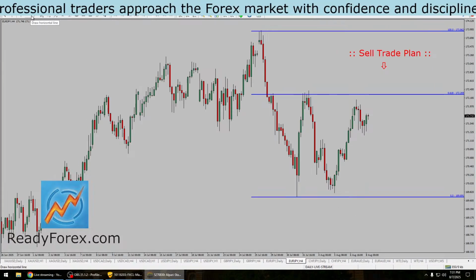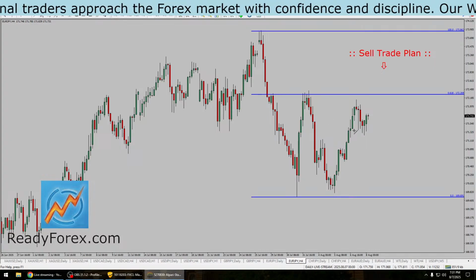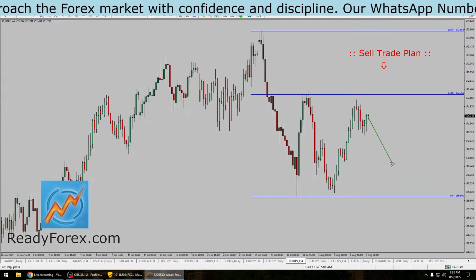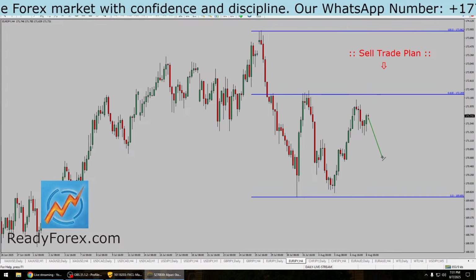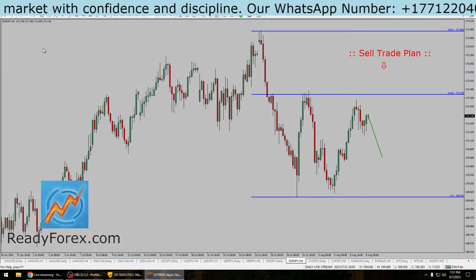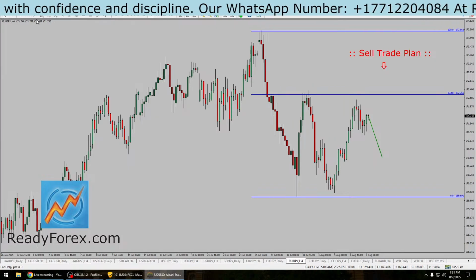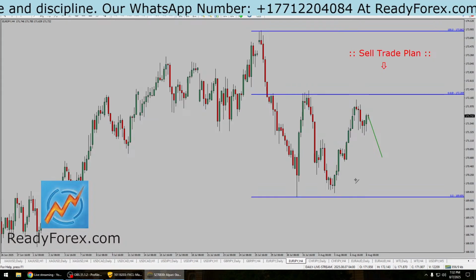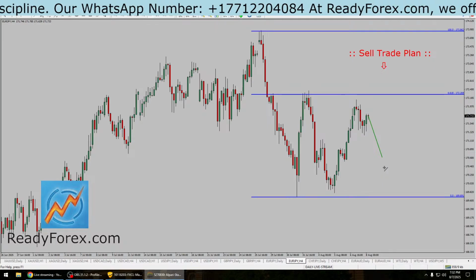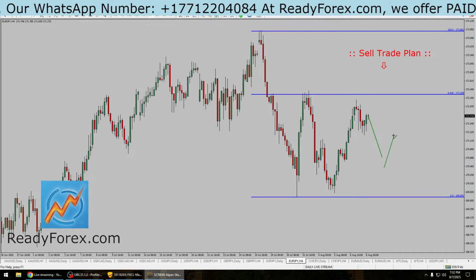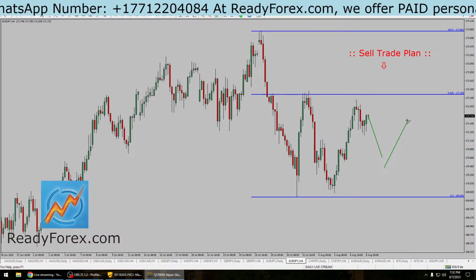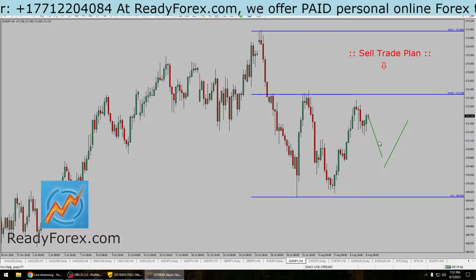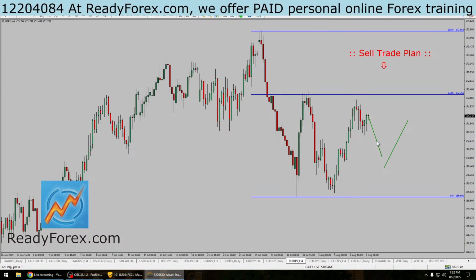So go here. It's quite possible that price action is going to move this way, and it's probably going to drop.